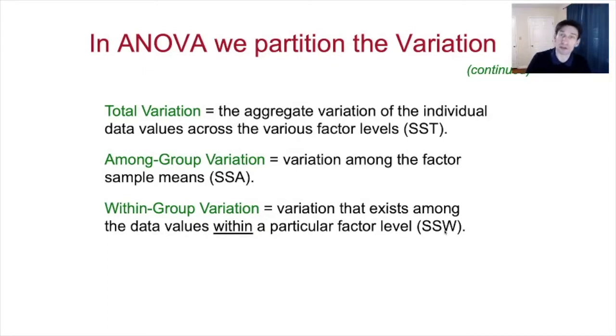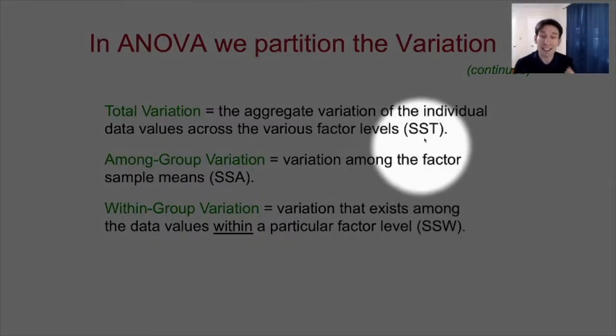Remember when we measured variation in the first chapters, we used the sum of squares, meaning the sum of squared deviations from mean. And so here it's going to be the same thing. We use the deviation from means, it's just every time we're going to use a deviation that is slightly different. We're going to use a different mean as the reference.